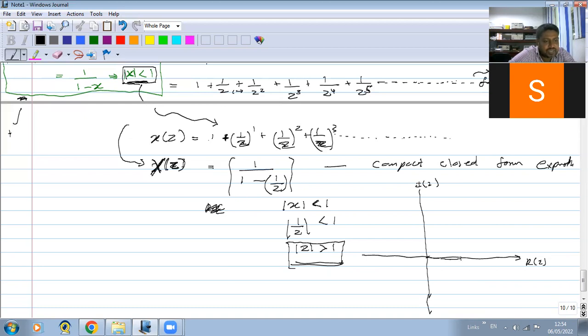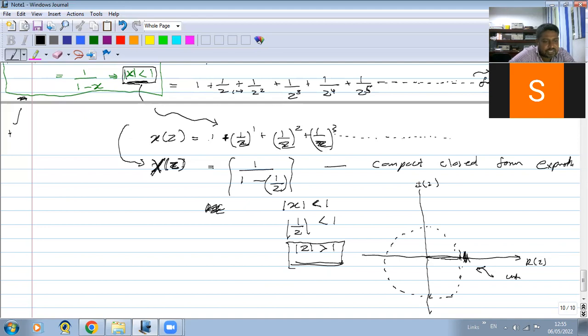So if you find this kind of circle, within this circle, if this is 1, we call this a unit circle.